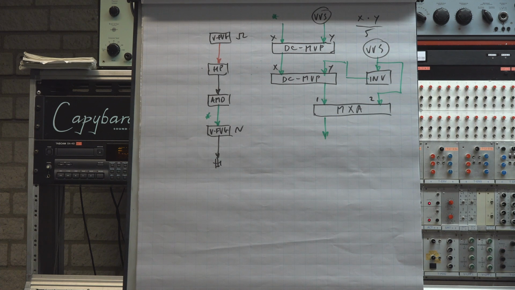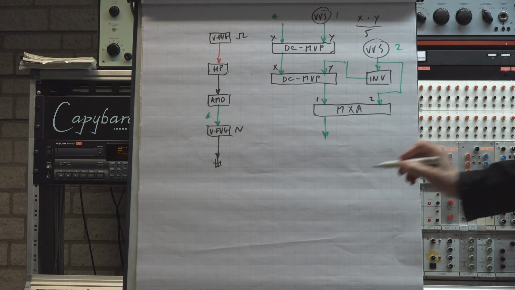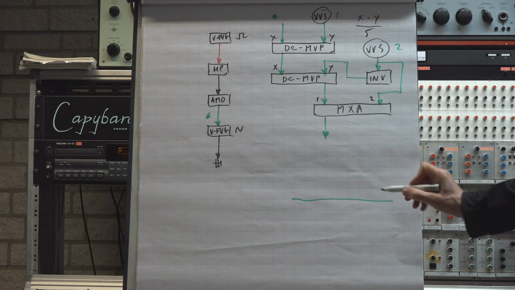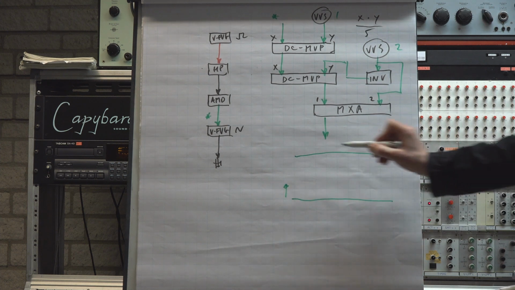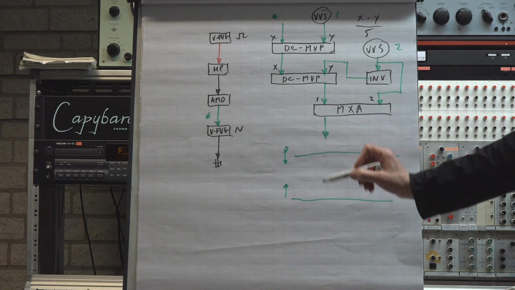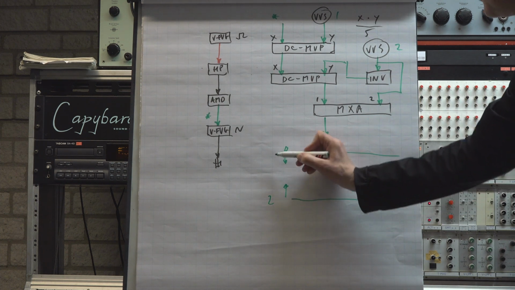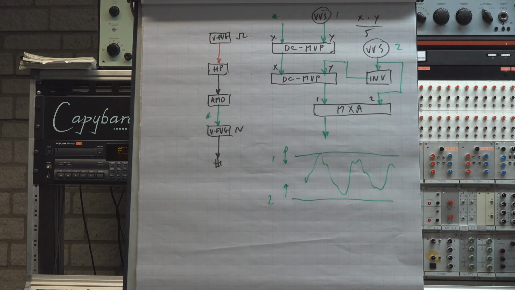So I'm basically having now VVS 1 and 2. 1 is the lower limit, which I can bring up, and I have the upper limit, which can go up and down. So this is controlled by VVS 2 and this is controlled by VVS 1, and the random signal can move here.